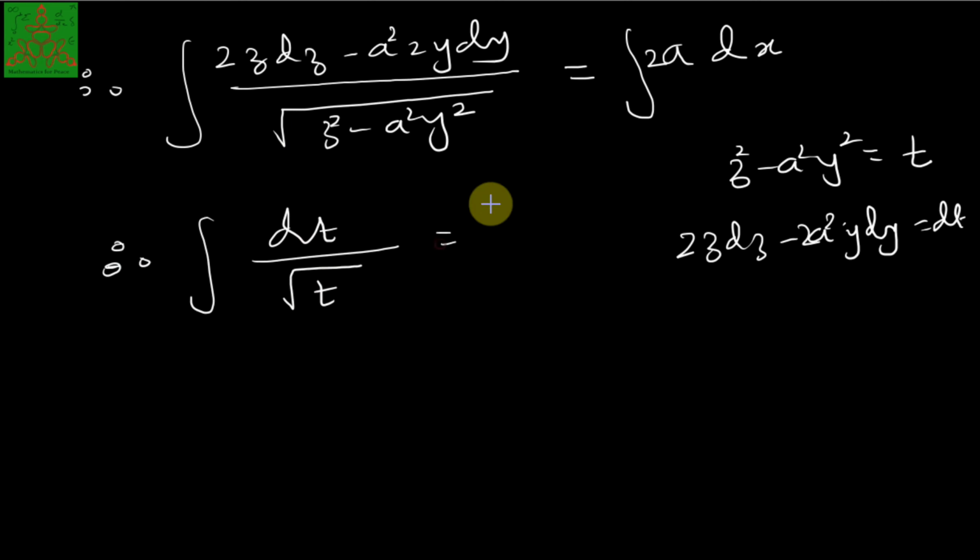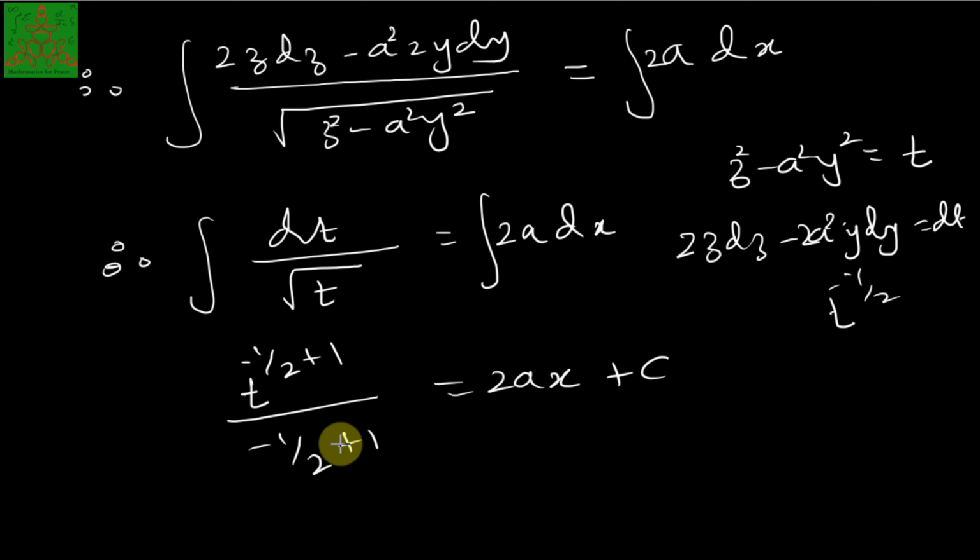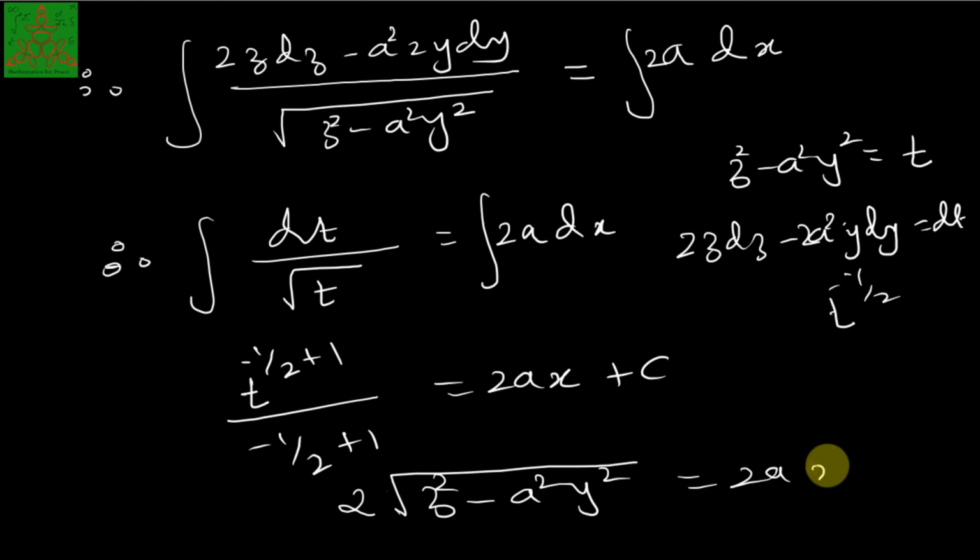And we know that the integration of t power minus 1 by 2 is t power minus 1 by 2 plus 1 upon minus 1 by 2 plus 1, is equal to 2ax plus c. So that gives me t power 1 by 2 and this is also 1 by 2. So 2 into t, and the value of t is this one, that is 2 times the square root of z square minus a square y square is equal to 2ax plus c.